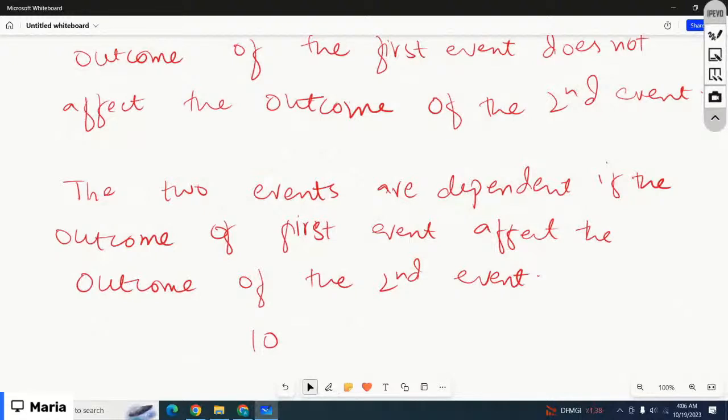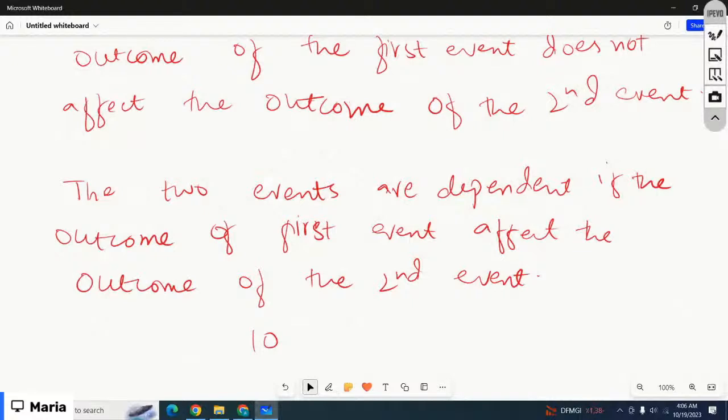You picked one, now you are left with 9. For the second time, you have now 9 marbles, not the same 10 marbles, because one marble is already picked. You have only 9 options to pick the marble. So that is the example of the dependent event.